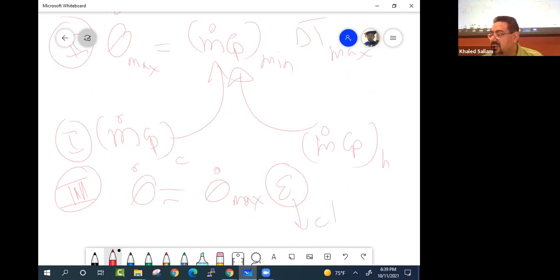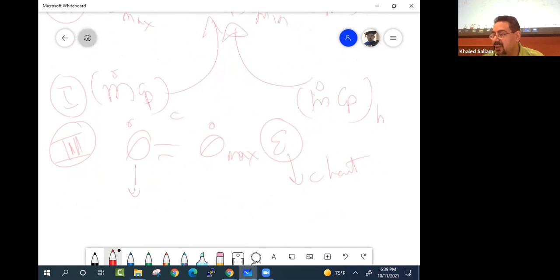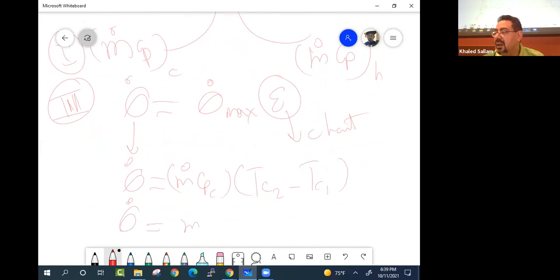This comes from charts. Once you did this and calculated this Q dot, you then say Q dot is M dot CP cold times TC2 minus TC1, and it also happens to be M dot CP hot times T hot 1 minus T hot 2. That allows you to get the TC2 and the TH2 that you didn't know.